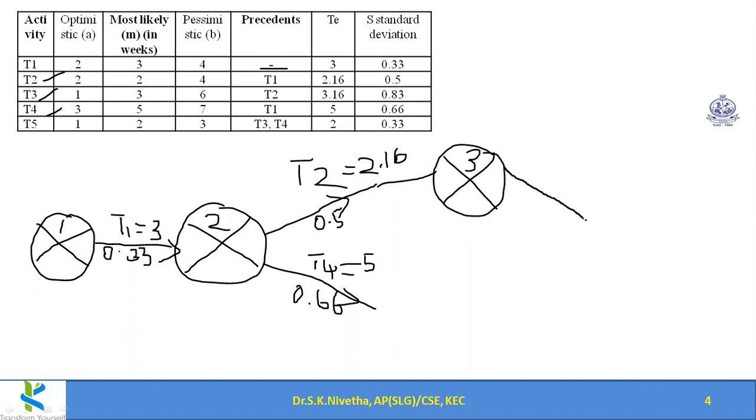So T3 can be started. T3, the same activity on arrow network diagram what we have derived yesterday. T3: 3.16 is the expected duration and its standard deviation is 0.83.